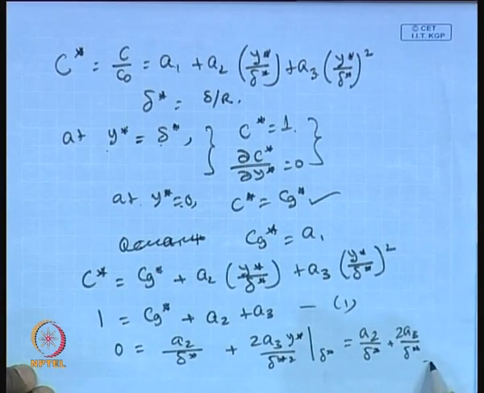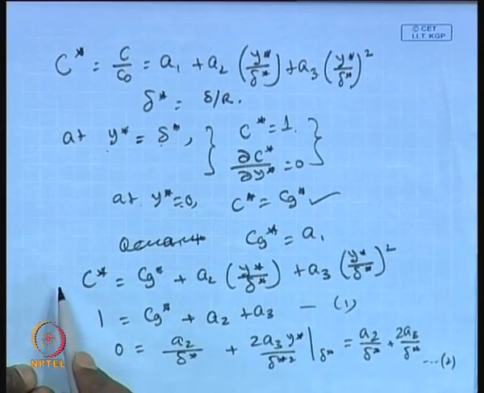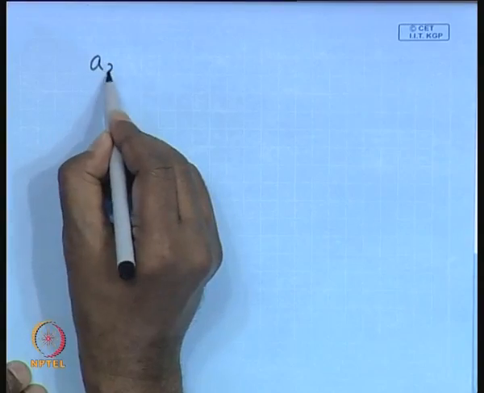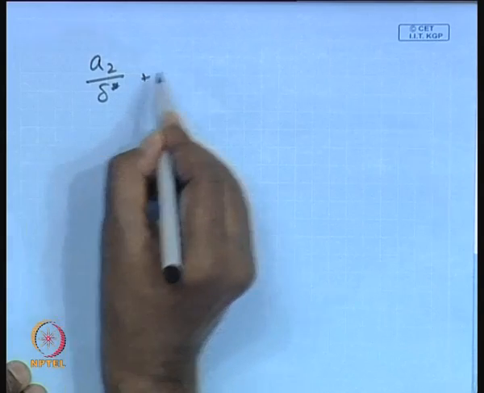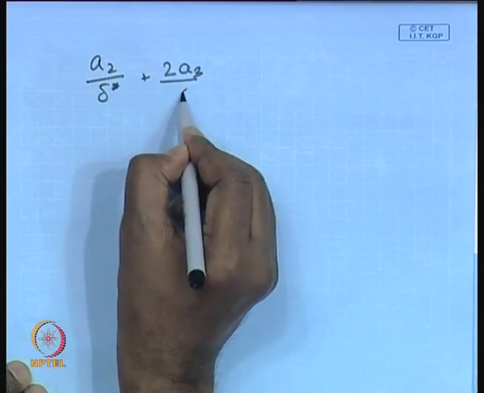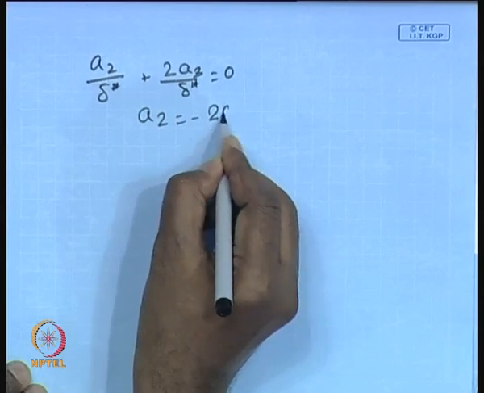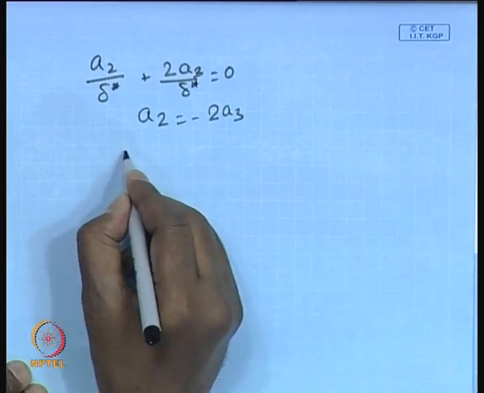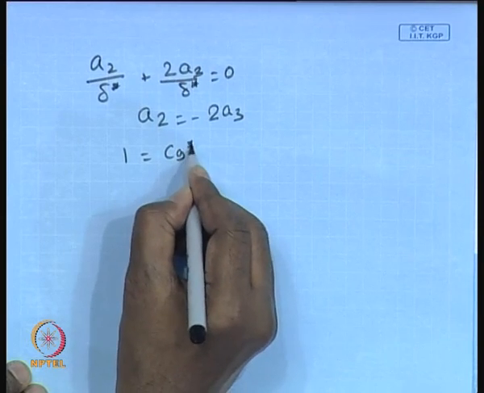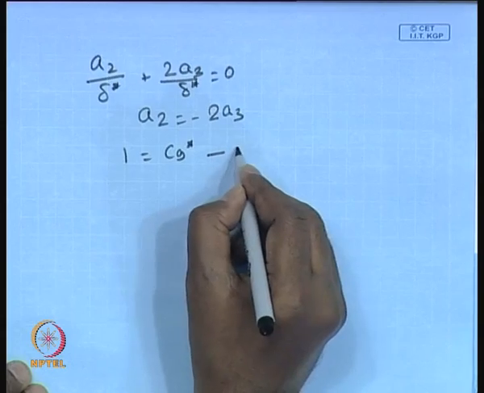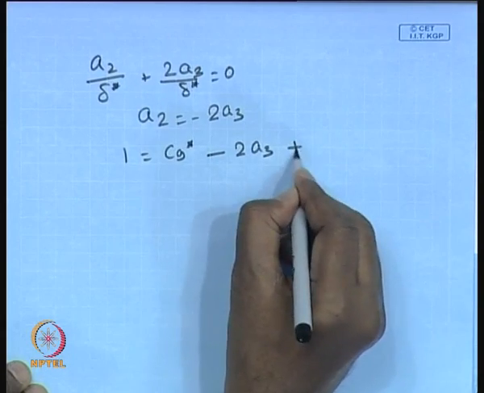Now, using these two conditions, you can get the concentration profile. A2 by del star plus 2 A3 by del star equals 0. So, A2 is equal to minus 2 A3. And the other one is 1 equals Cg star plus A2, with A2 equal to minus 2 A3, so minus 2 A3 plus A3.